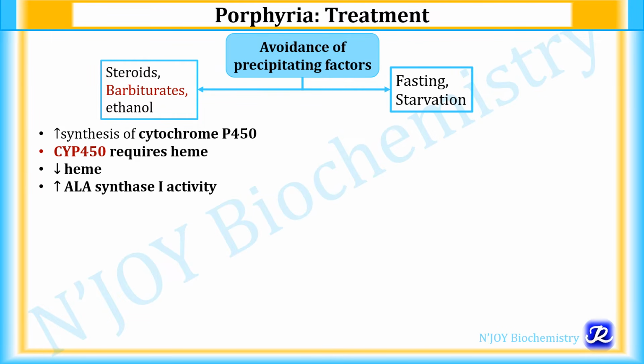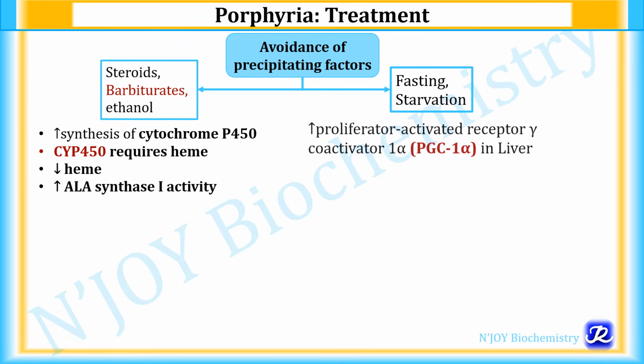The other precipitating factor can be dieting, fasting or starvation. Now how do fasting and starvation precipitate the attack of porphyria? It is seen that fasting and starvation increase the formation of a protein, peroxisome proliferator activated receptor gamma coactivator 1 alpha, which is commonly known as PGC1 alpha, in the liver.